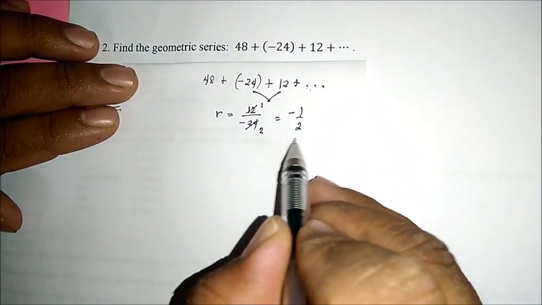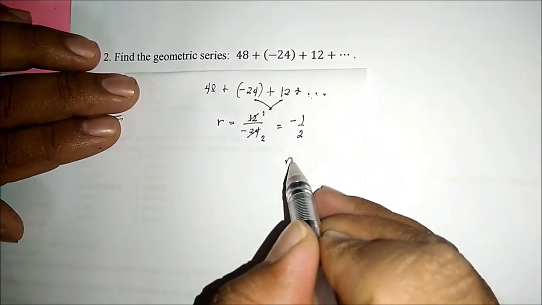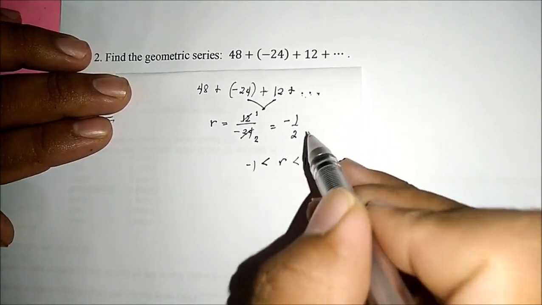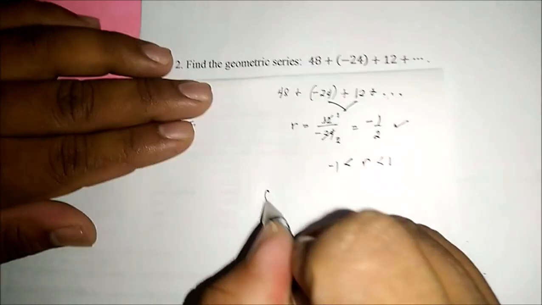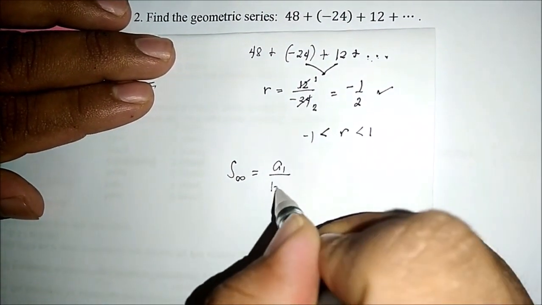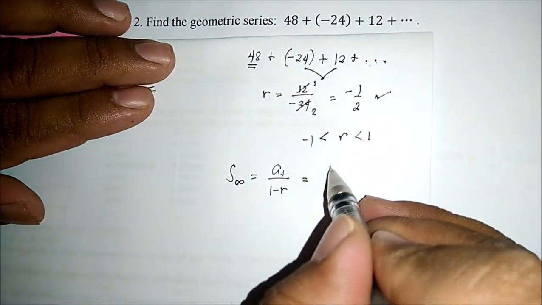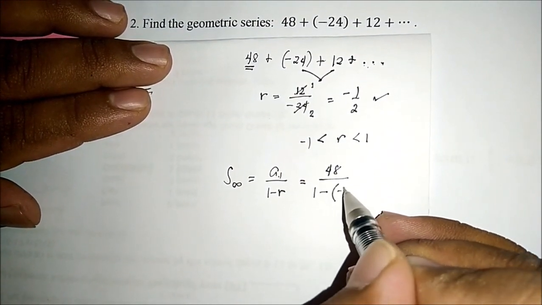So is this a proper fraction? Since this is a proper fraction, therefore the ratio is really between negative 1 and 1. So therefore, the sum exists. So let's solve for the sum. The sum up to infinity is equal to a sub 1 over 1 minus r. So the first term, 48, over 1 minus, the common ratio is negative 1/2.